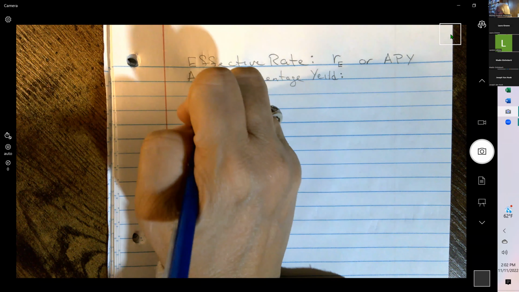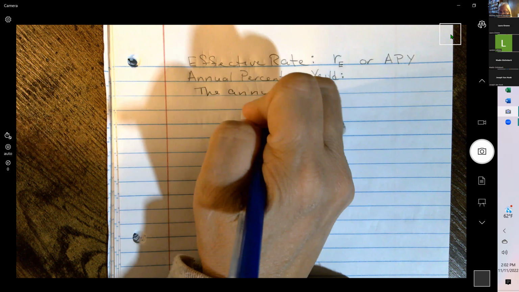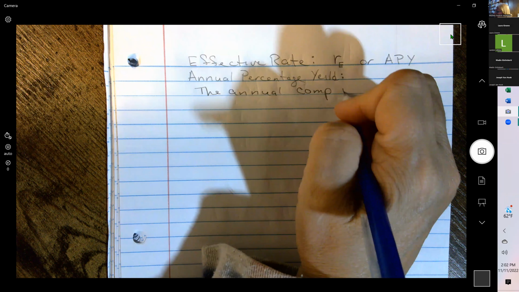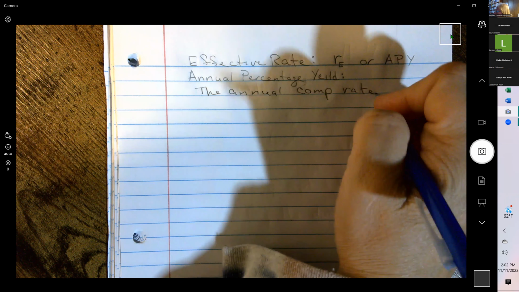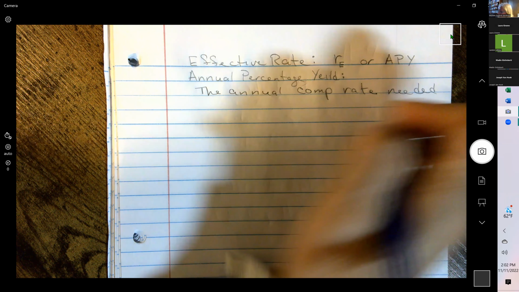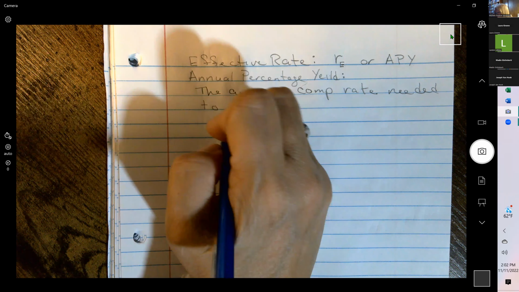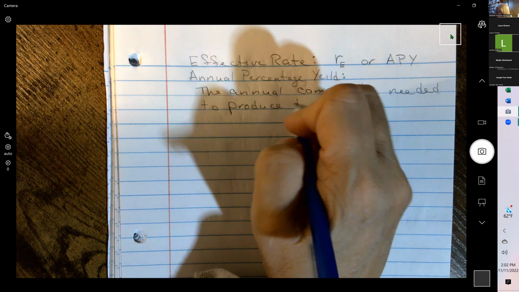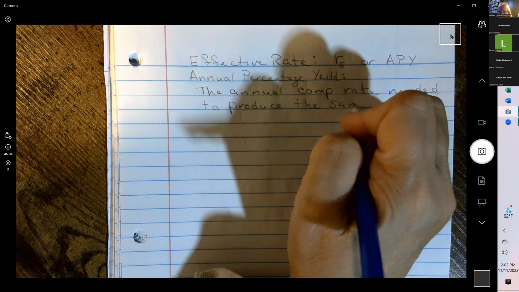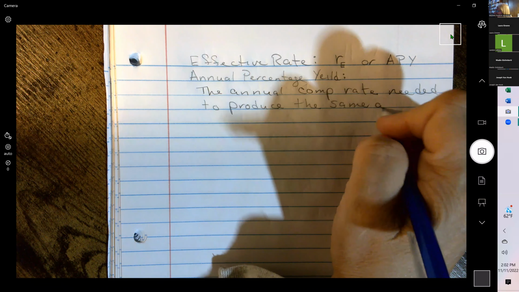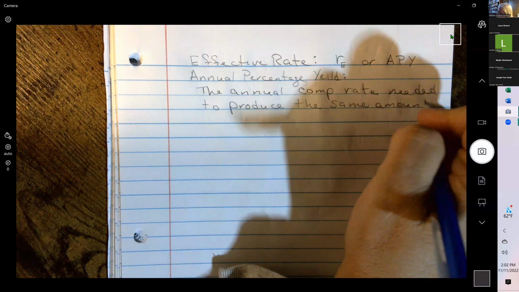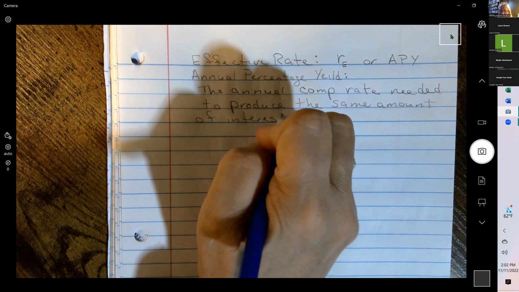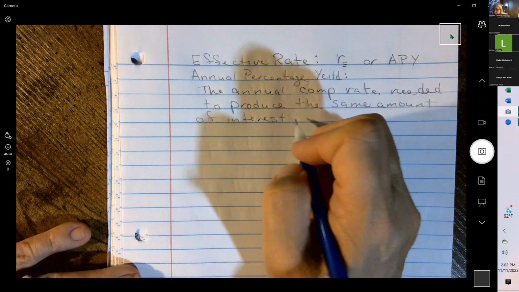What it is, is the annual compounded rate needed to produce the same amount of interest in 1 year.